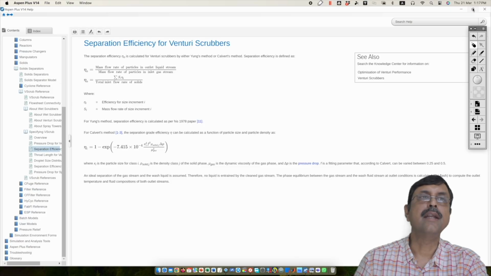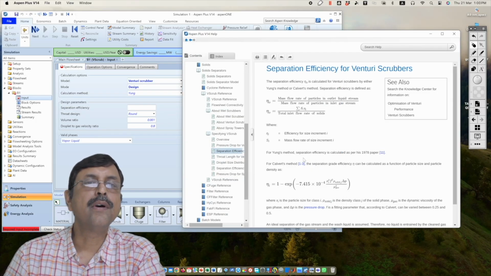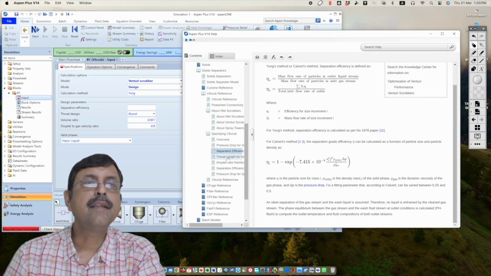Now, how is it done? When you design something, you have to provide the separation efficiency and these two figures, volume ratio and droplet to gas velocity. So this can be understood better over here.